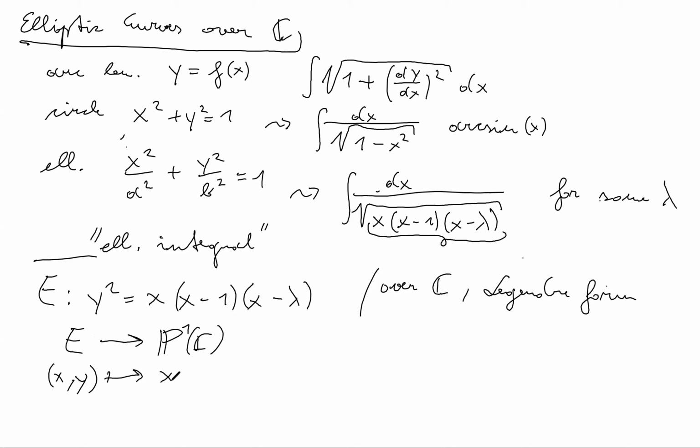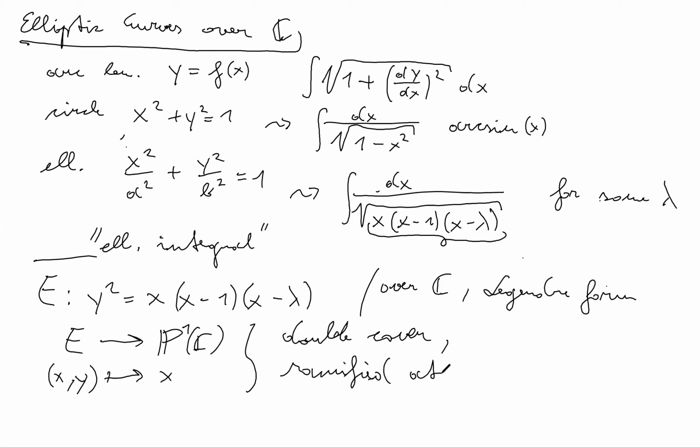Now, it turns out this is a double cover of P1. And the way you see this is, in general, if you take the square root of the right side, you'll have two distinct points. Except, and now this is where the ramification comes in, the double cover is actually ramified.